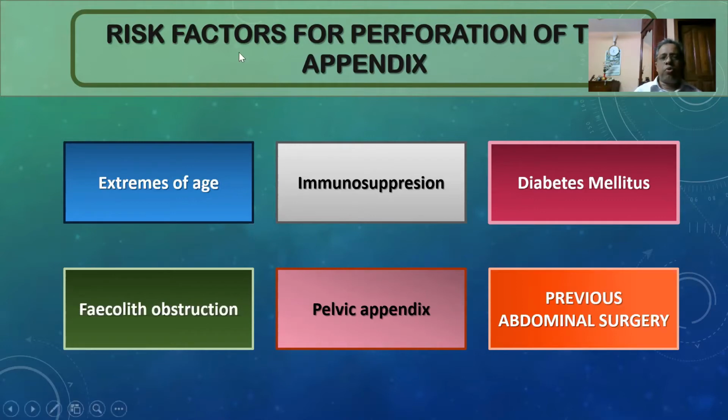Immunosuppressed individuals are vulnerable too; if there is any suspicion of appendicitis, you must remove it, otherwise there is a chance of burst appendicitis. And diabetes mellitus: in those individuals, if there is any suspicion, you must remove the appendix, otherwise many late complications may develop.